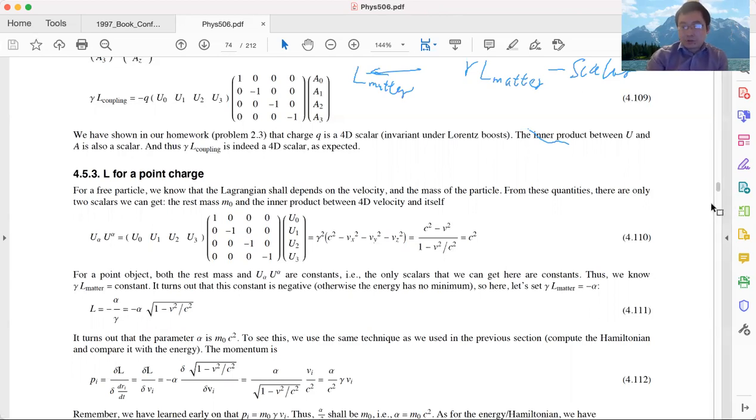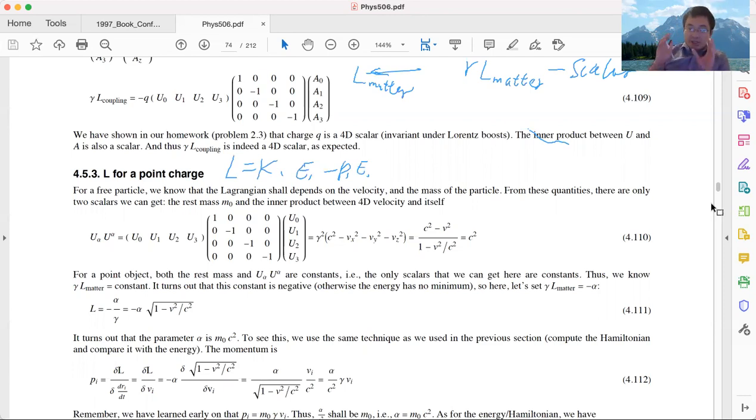We also know that this point charge Lagrangian should contain kinetic energy, but it should not contain potential energy. This is a little bit different from classical mechanics. In classical mechanics, we know the Lagrangian contains two parts: kinetic energy minus potential energy.